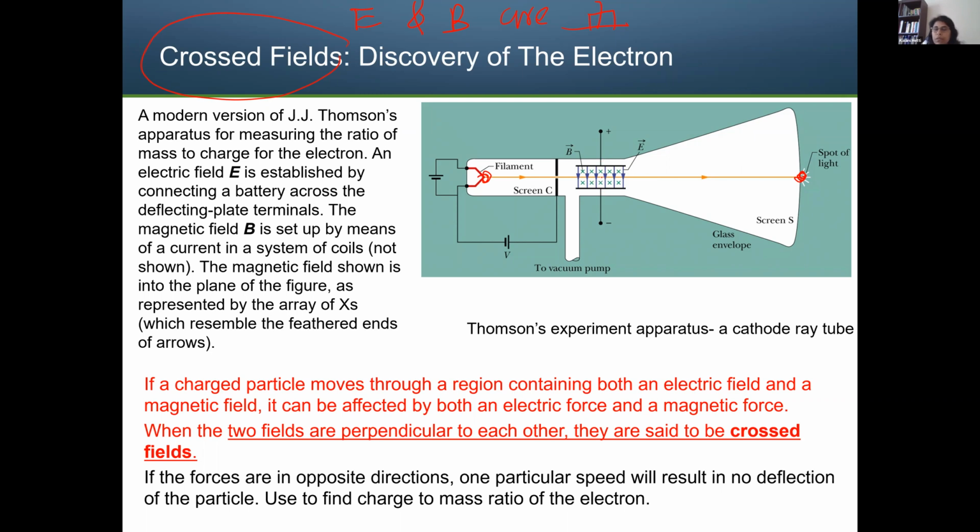The electron will go toward the positive direction of the electric field, and it will have a magnetic force. If the electric force and magnetic force are equal and opposite, then it will go through the horizontal line. If the electric field is greater, it is going to bend in this way, otherwise it will bend in this way, right? We will discuss later how this changes a little bit, but this is the idea of the cathode ray tube.